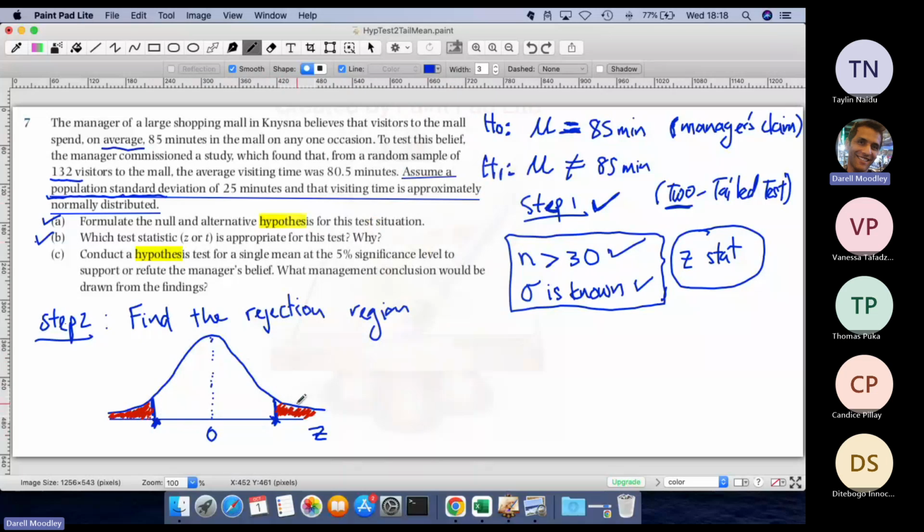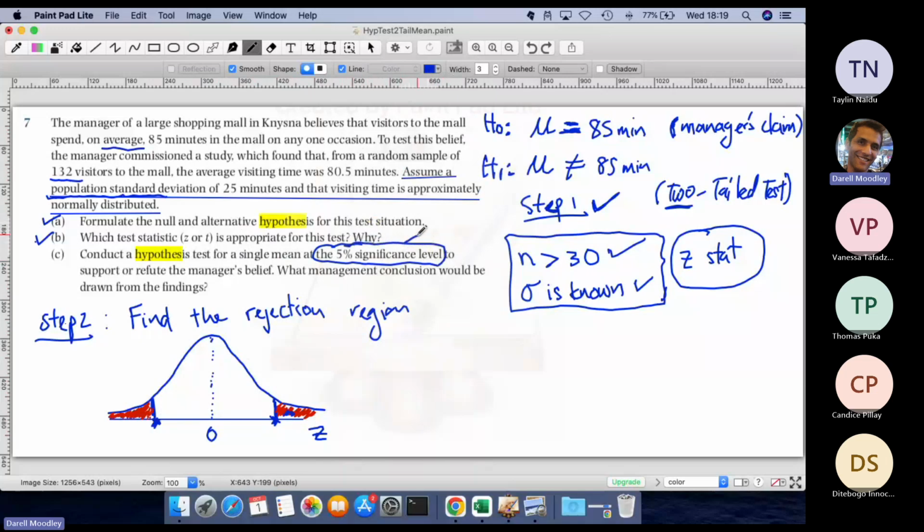If we know what the area is, we can work backward and get the z value. The size of this rejection region is determined by your level of significance, the value which they will always give you in the question.